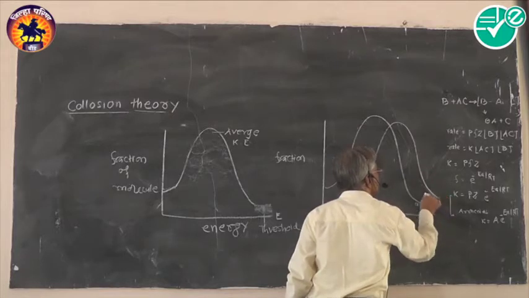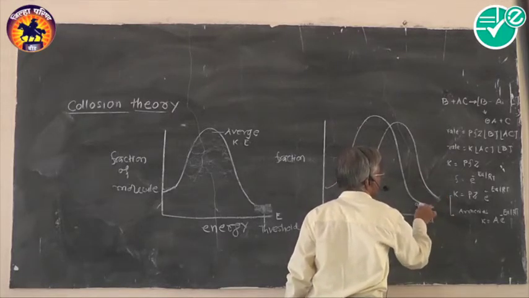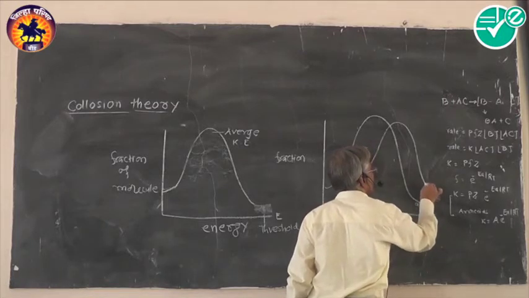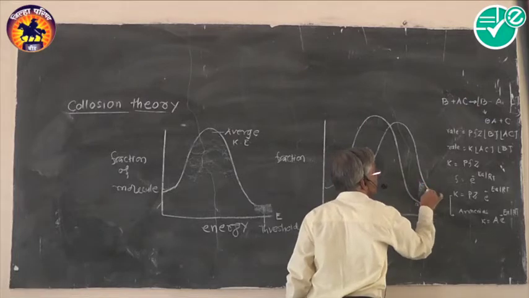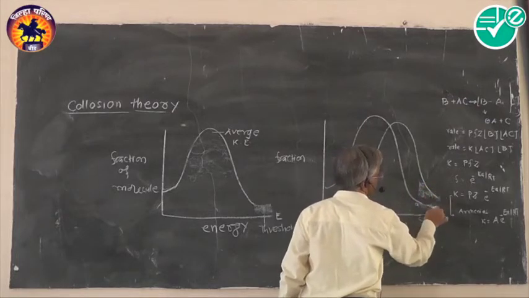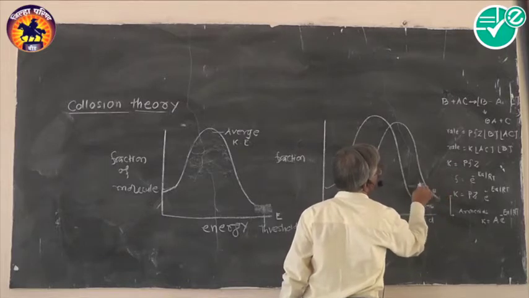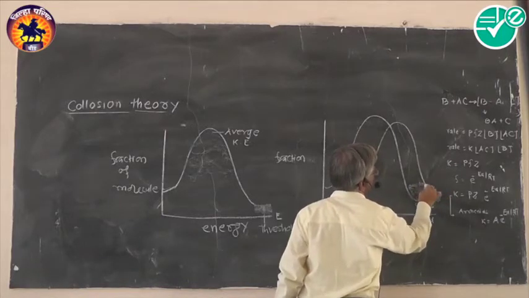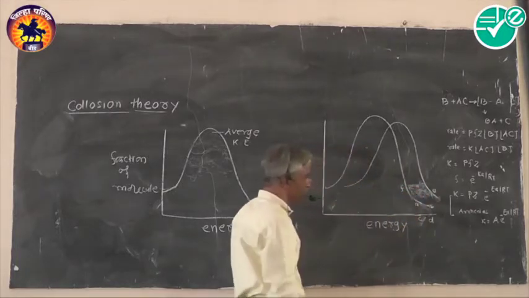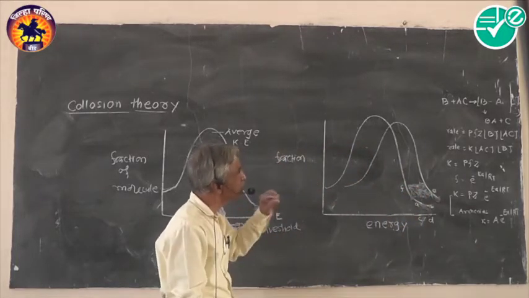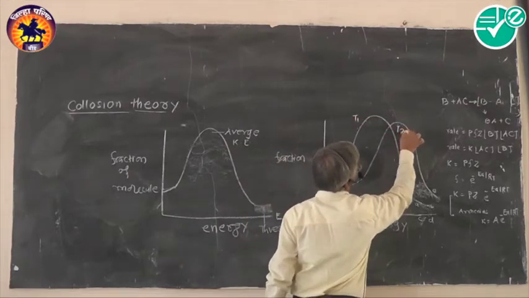The molecules with threshold energy were only this much, and now we have molecules with threshold energy like this, A, B, C, D, E, F. If we see the two graphs, one is at temperature T1 and the other at temperature T2.